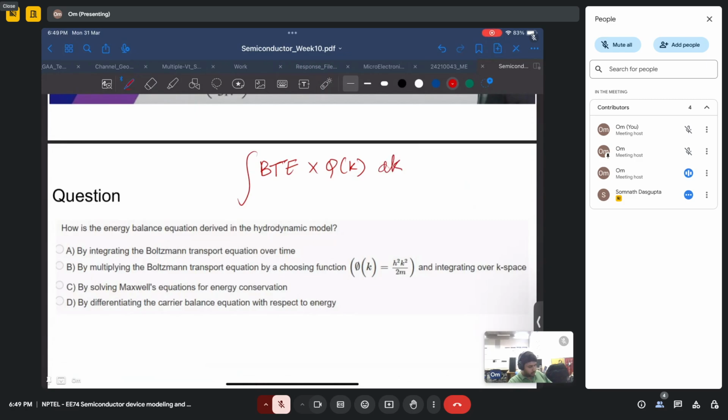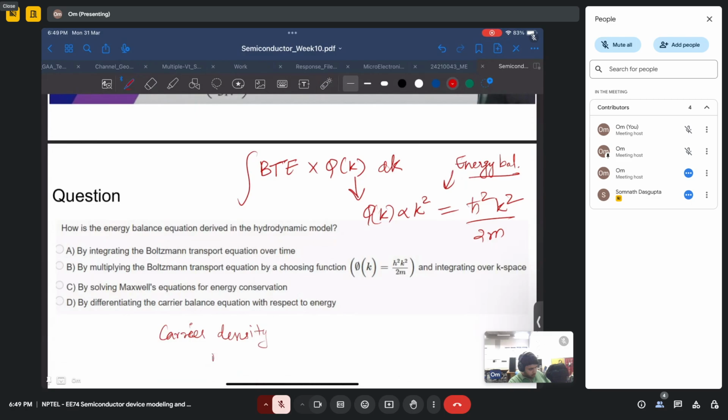For energy balance we use phi k as a function of k square, which is h cross square k square by 2m. This is specific for energy balance. For carrier density, we chose phi k equals 1.